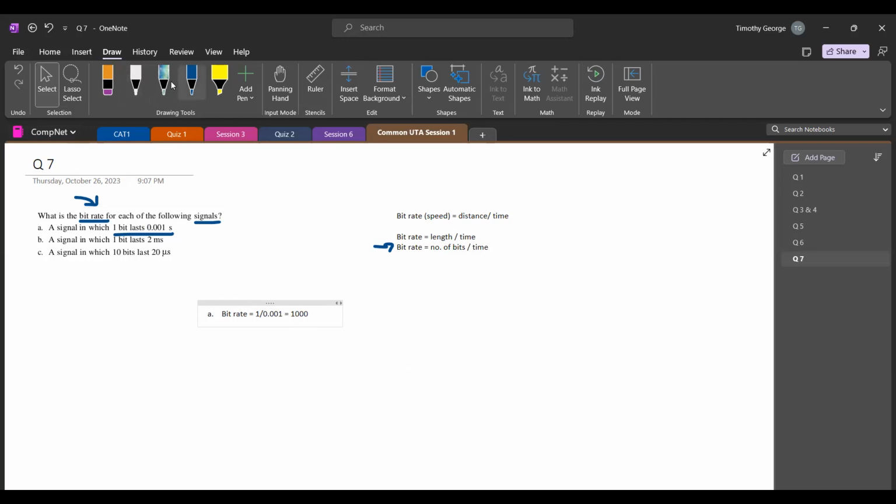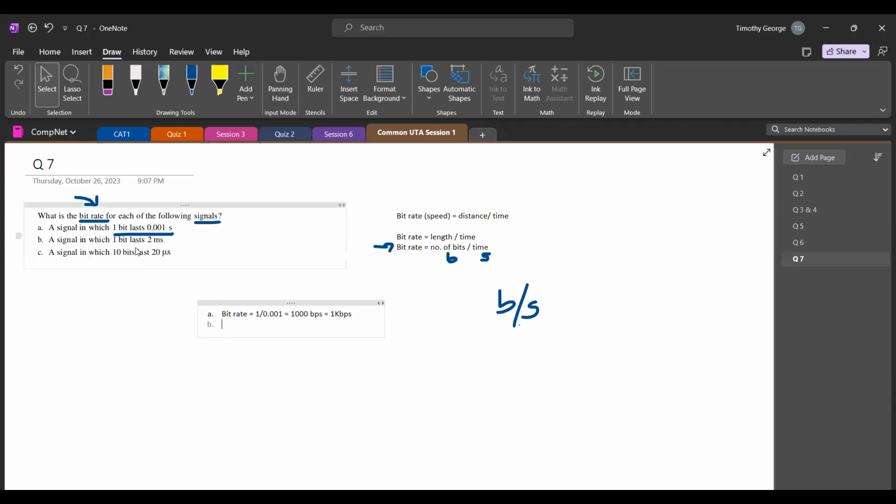What is the unit of bit rate? Number of bits, and time is given in seconds. So the unit is going to be bits per second, or as the textbook says, bps. Or you could also write this as 1 kbps.